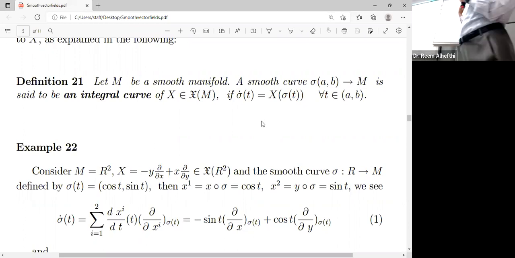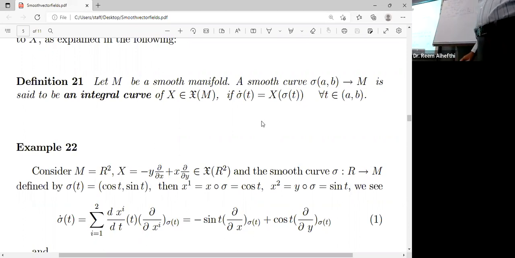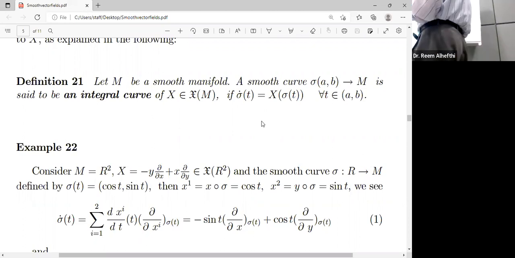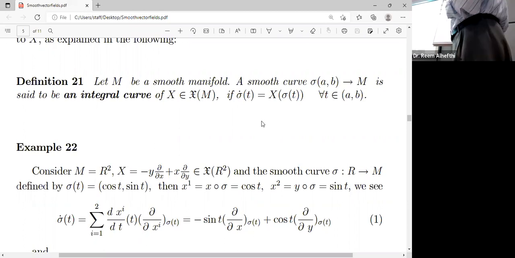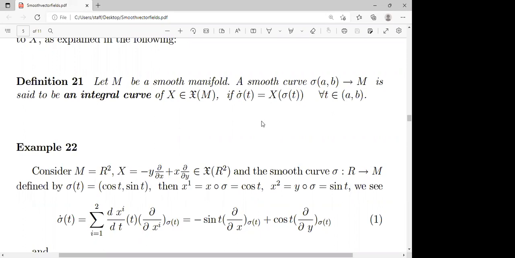this is obvious. Now we are going to introduce a very important concept, that is integral. Suppose we have a vector field on this manifold.